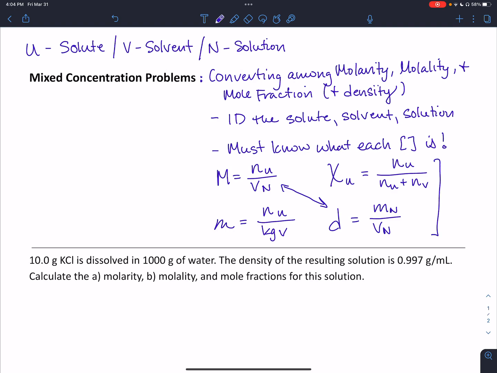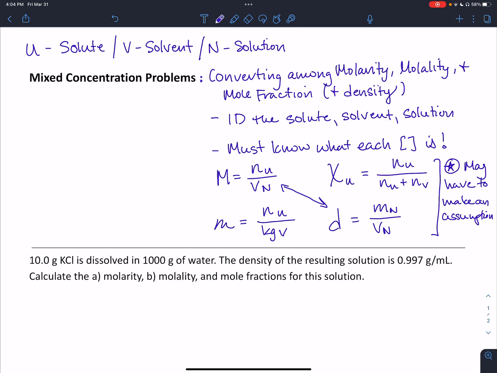When you work these problems, you also may have to make an assumption. Some of these problems don't give you all of the information you need, so sometimes you have to make a little bit of an educated guess. Usually that happens in the denominator of one of these four concentration values.